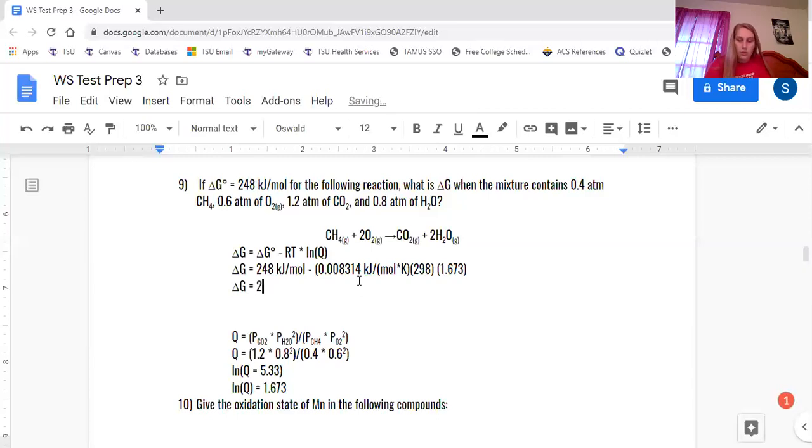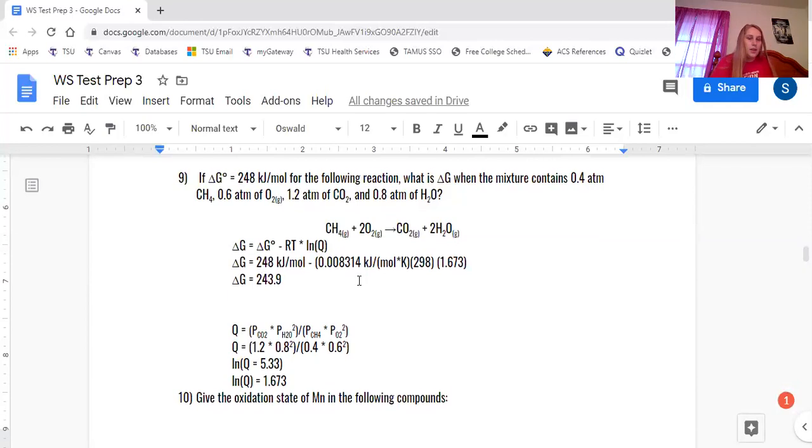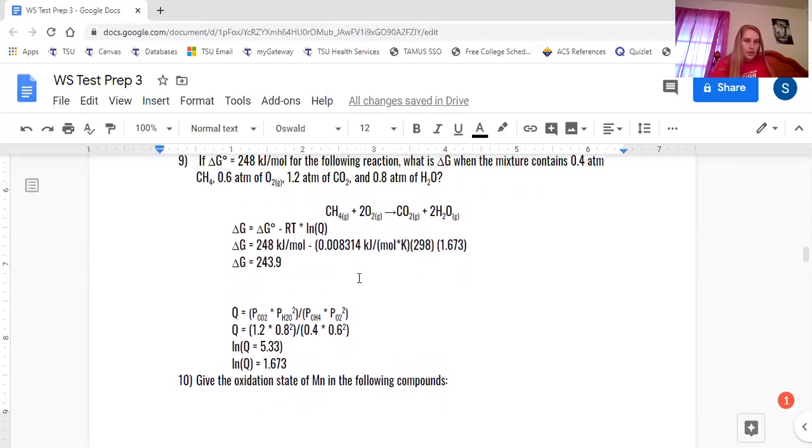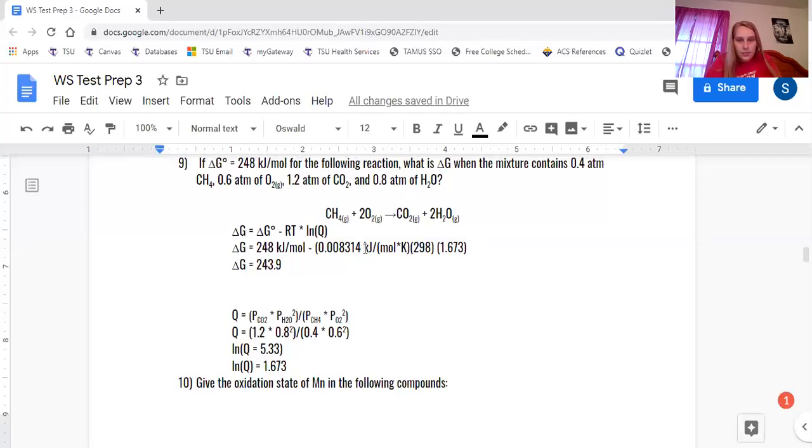And it's going to be 243. And it says I had 0.855, but you'd probably go ahead and round that to 0.9 just by looking at the values you've got there. So it's probably a good idea. And you could honestly probably even put 244. And so that's what you got.